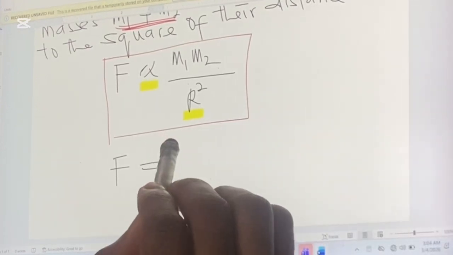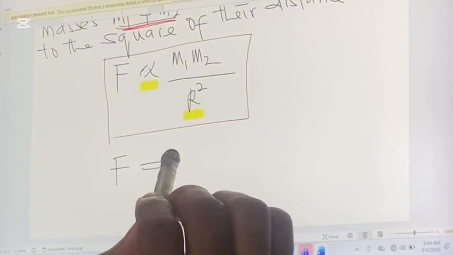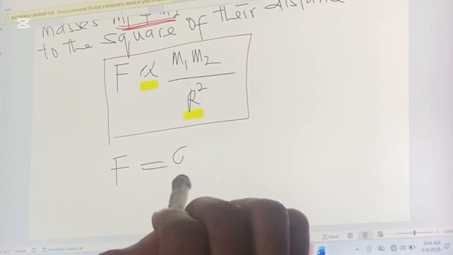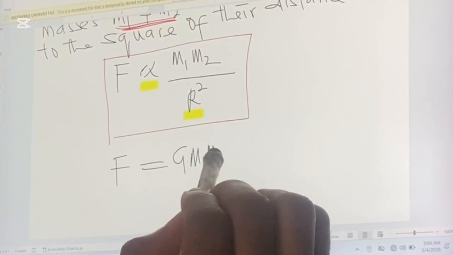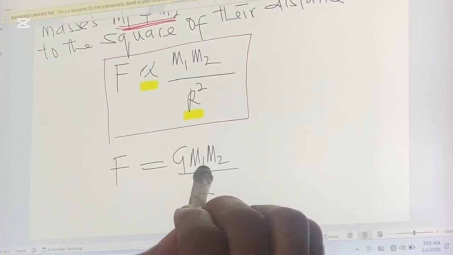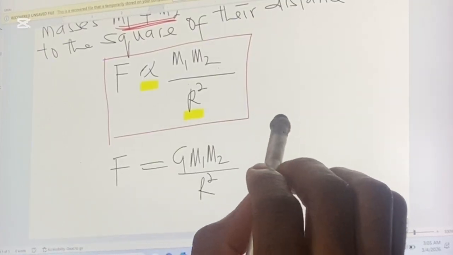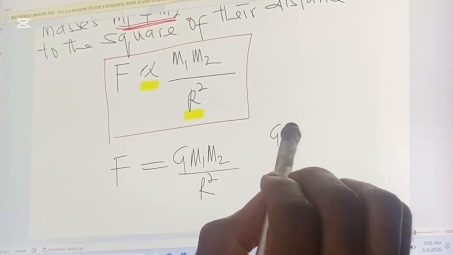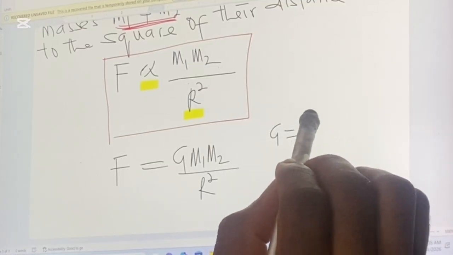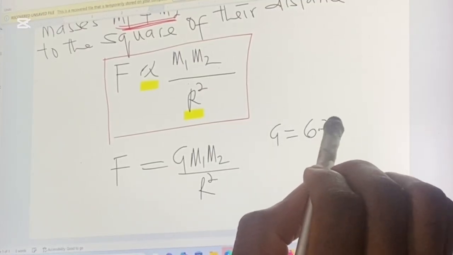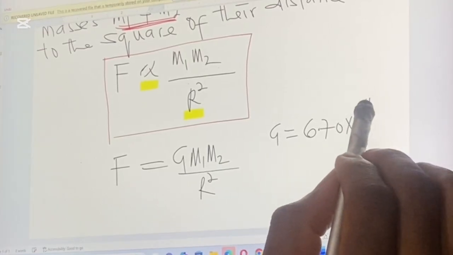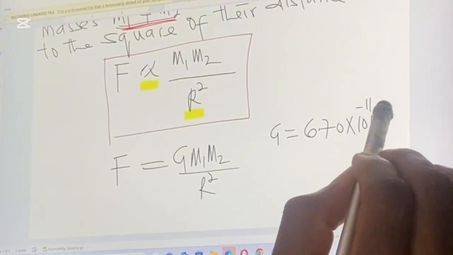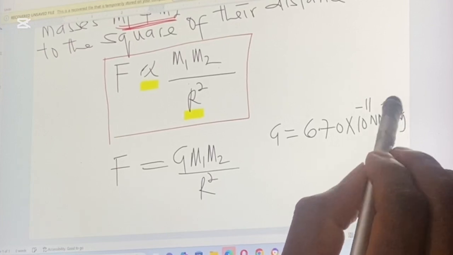We use the constant for Newton's universal law of gravity, which is G. And this is going to be F equals G m1 m2 over r squared. From experiment, this G has a numerical value which is 6.67 times 10 raised to the power of minus 11 newton meter square per kg square.